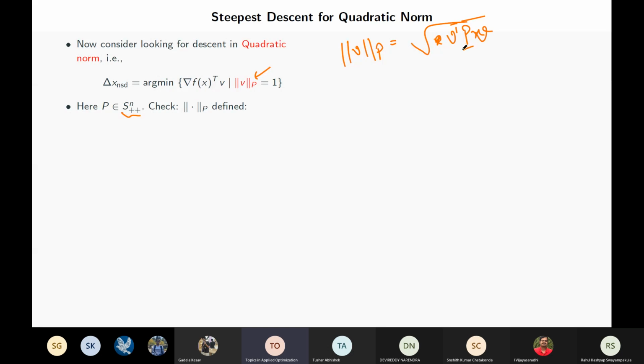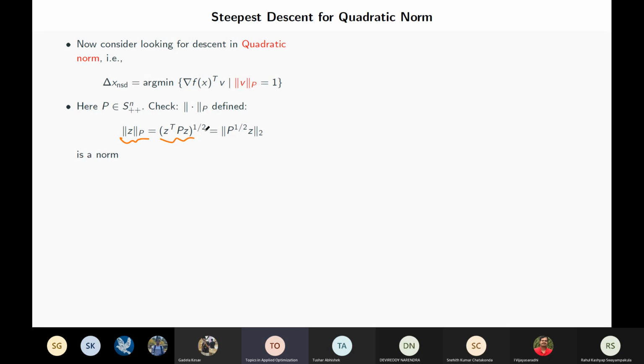To make a norm nonnegative, because a norm has to be greater than or equal to 0, this is guaranteed only when P is positive definite. So that's how we define it: square root of z transpose P z. I can also write this using P half, because P is positive definite, so the square root of the matrix exists.